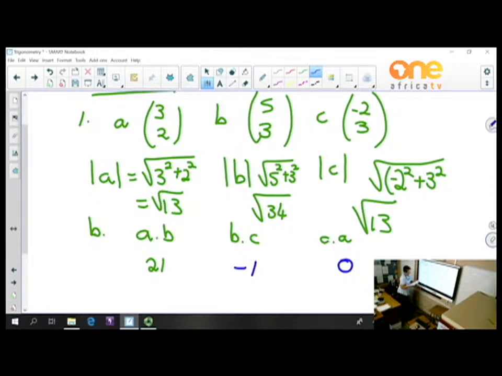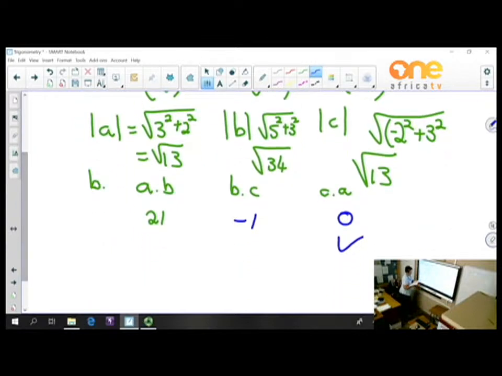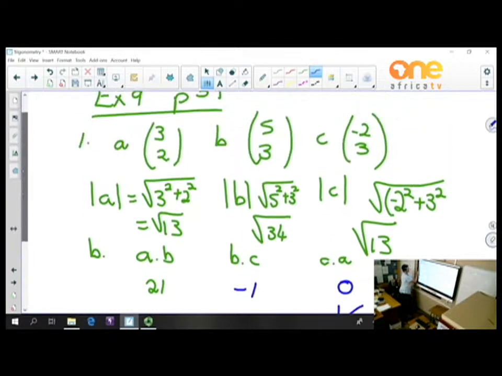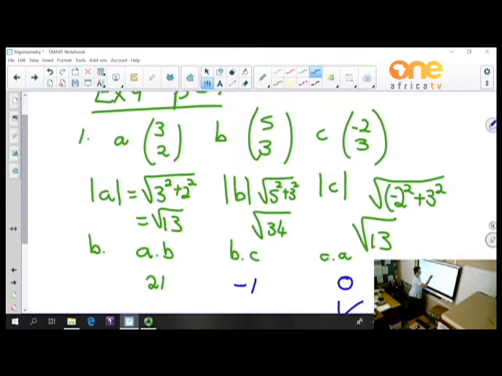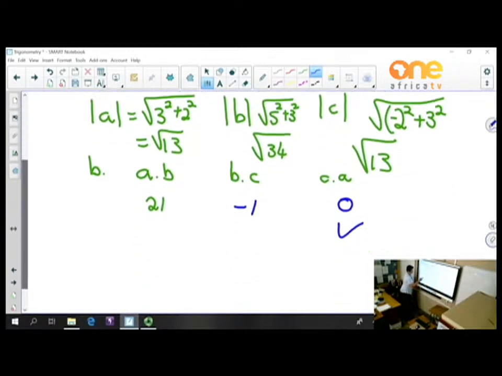Then they ask you, which of the pairs of vectors are mutually perpendicular? And it will be this one. If A dot B is 0, then they are perpendicular. That's a very important fact there. And then they say, find a vector which is perpendicular to B. Now, B is equal to (5, 3). Which vector will make sure that this will give you a perpendicular one?